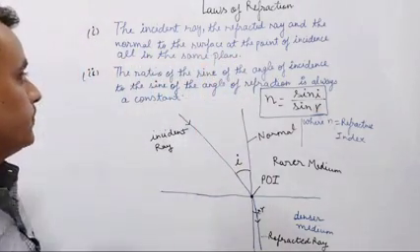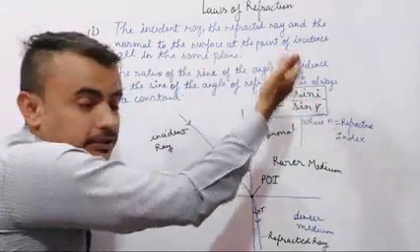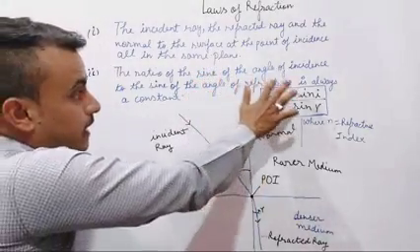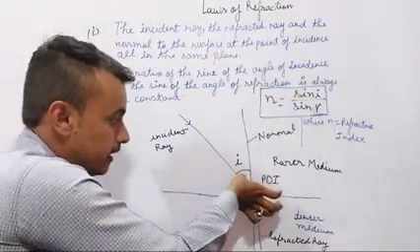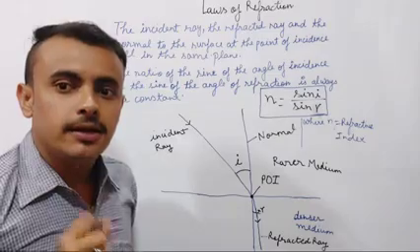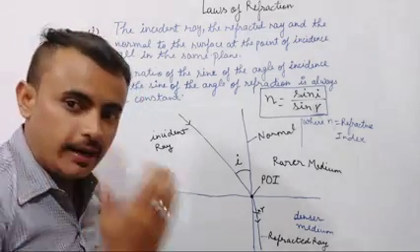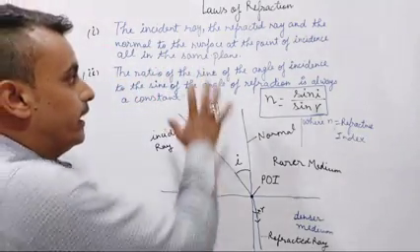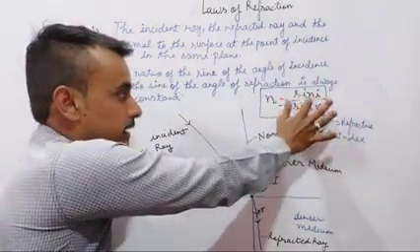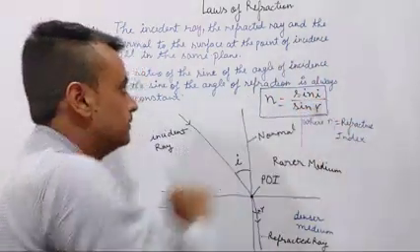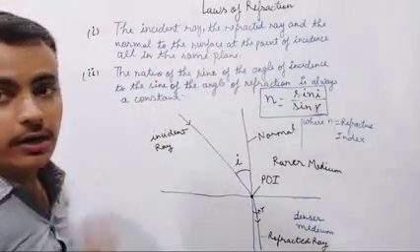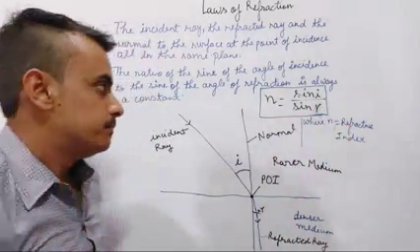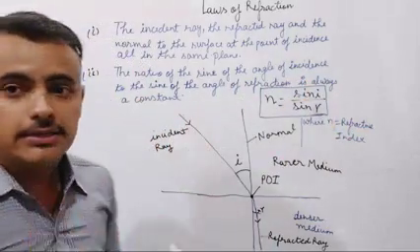And the next one is the ratio of the sine of the angle of incidence. The angle of incidence is i and the angle of refraction is r. The ratio of the sine of the angle of incidence i to the sine of the angle of refraction r is always a constant.